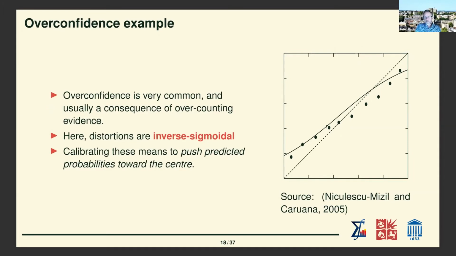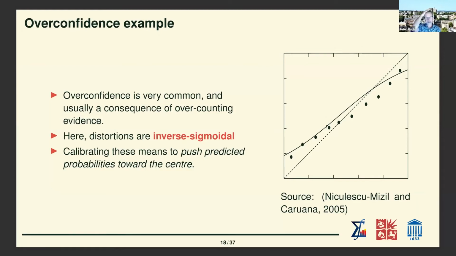Overconfidence: here's an example from the same paper, where we see that the distortions are different, and the points need to be pushed towards the diagonal. The solid line that you see here is an attempt at modeling these points as a sigmoid, which is clearly a poor fit, because the sigmoid would be underconfidence, and that's clearly a case of overconfidence here.